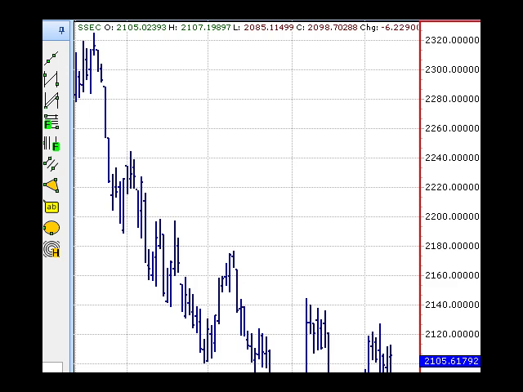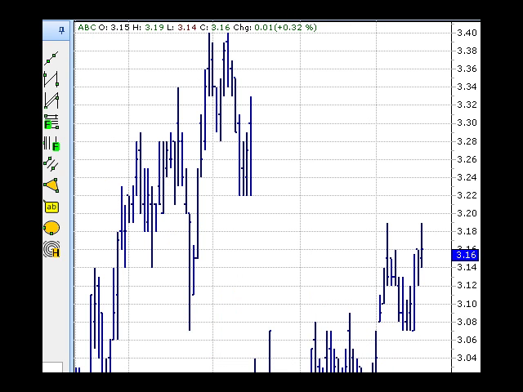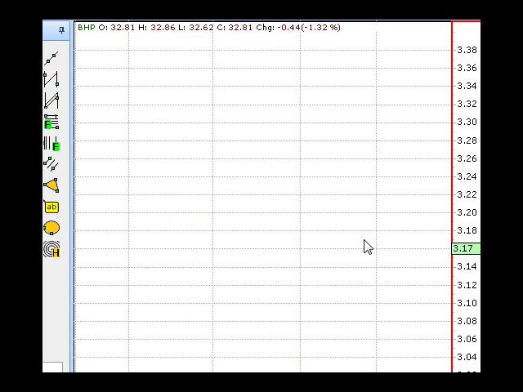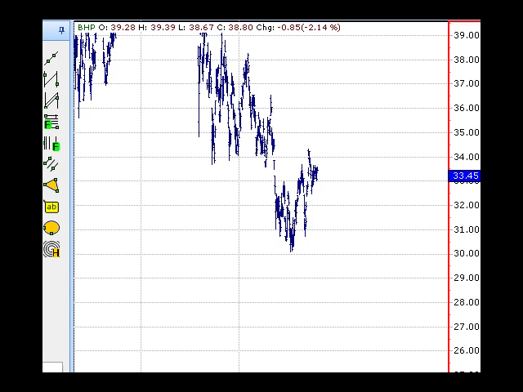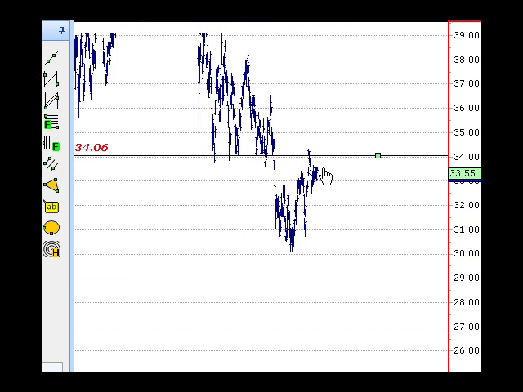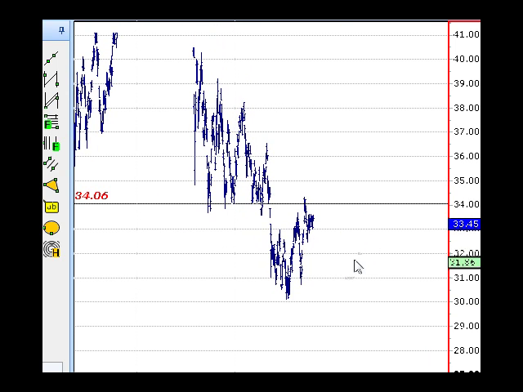Just looking at BHP here on the local market, the ASX 200 for a change. I think I've pointed this out before. It's pretty simple: the Fibonacci number 34 there is really the key resistance. You can imagine if that became support, then the bias would be to the upside.